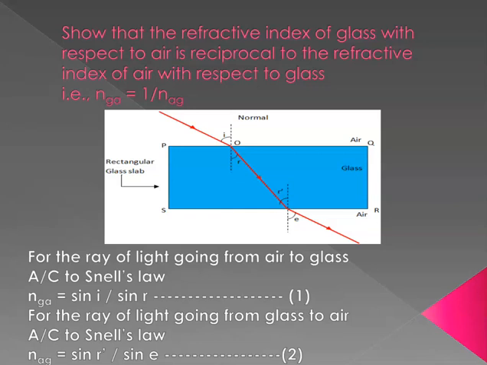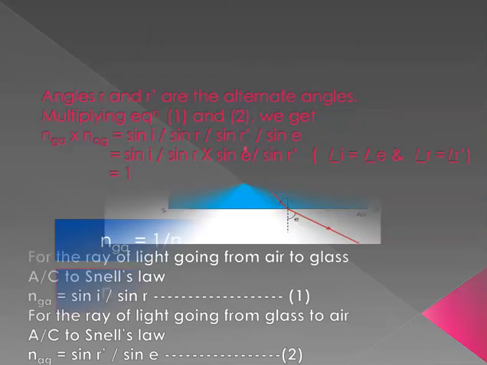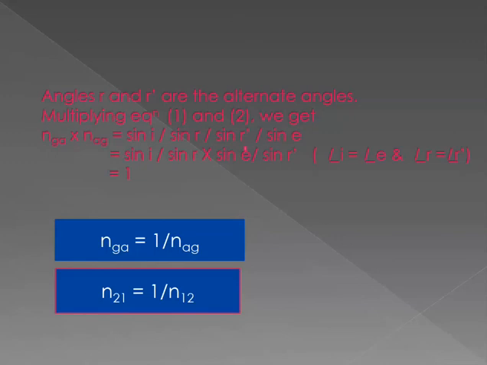Now when the ray passes from glass to air, according to Snell's law, refractive index of air with respect to glass, in symbol nAG, is equal to sin R dash by sin E. This is equation number 2. Again here R and R dash are equal, they are alternate angles.